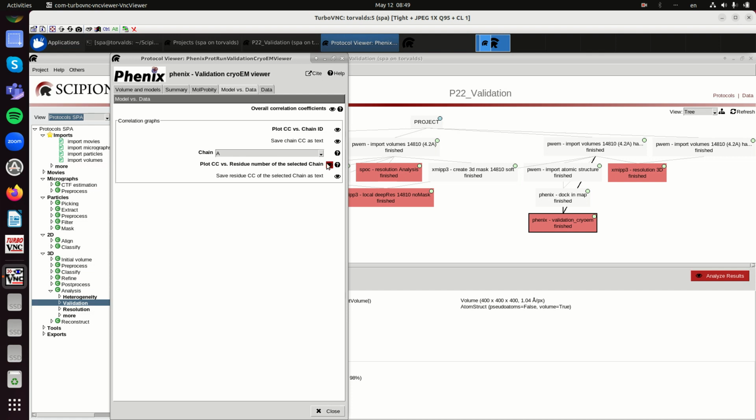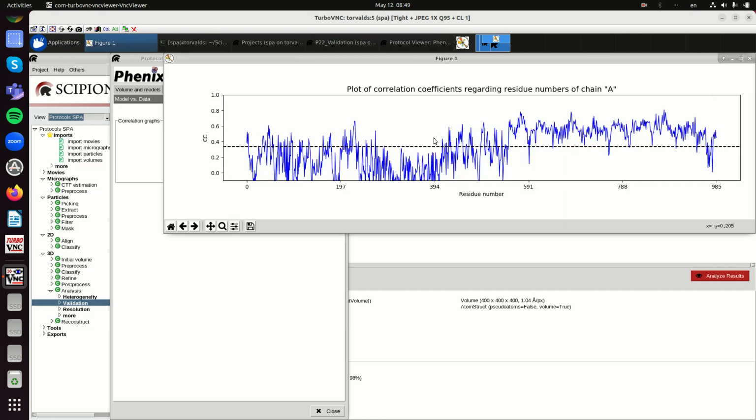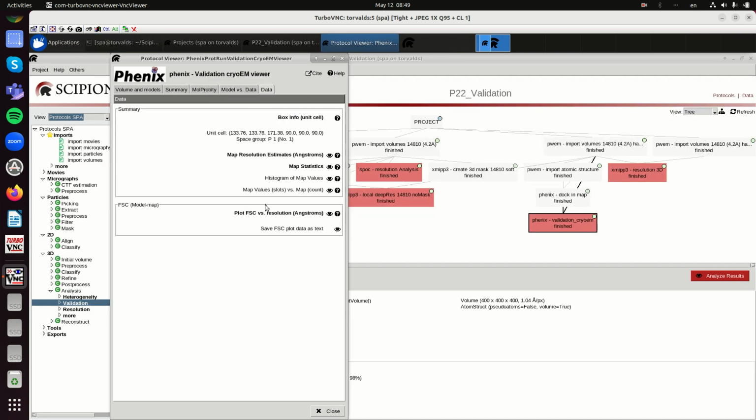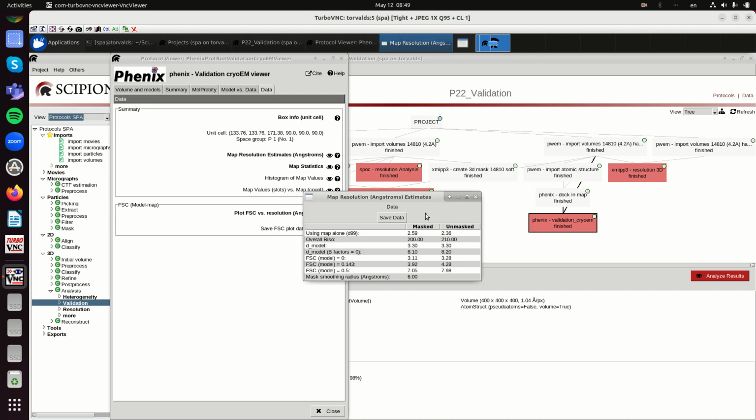So you take chain A, and then you see the correlation of the map versus the model at the different residues. And also you have all kinds of FSCs here, and map resolution estimates. There are a few of them, and you see that it is quite variable. You have values from 2.4 to values of 8.